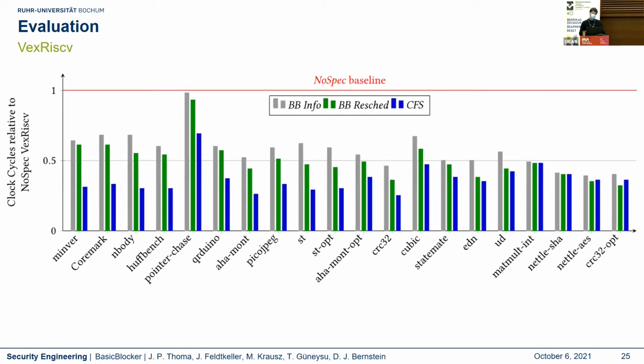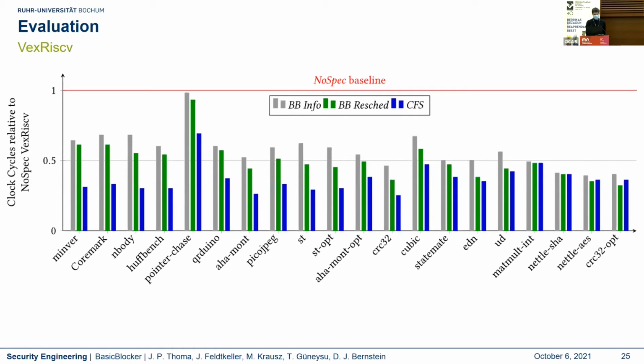In gray, we have the basic blocker variant with no rescheduling of branch instructions, and in green, we have the basic blocker variant with rescheduling of branch instructions. Lower is of course better, because this is the relative overhead, so to speak.